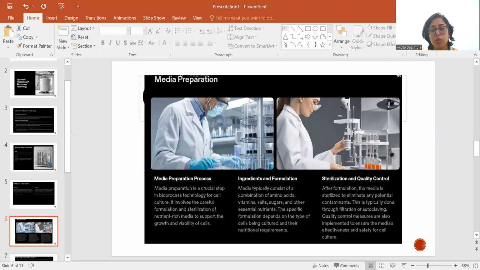Okay, before starting media formulation in detail, I would like to share a few points. For microorganisms, what are the main things required to formulate a media?